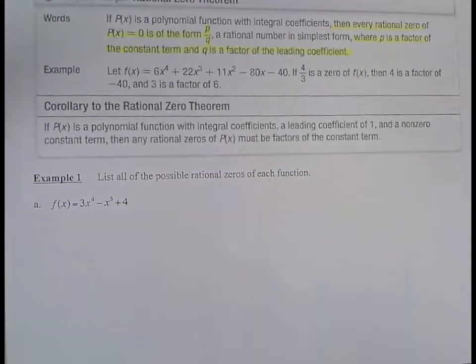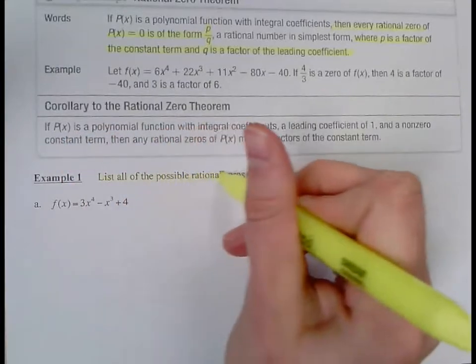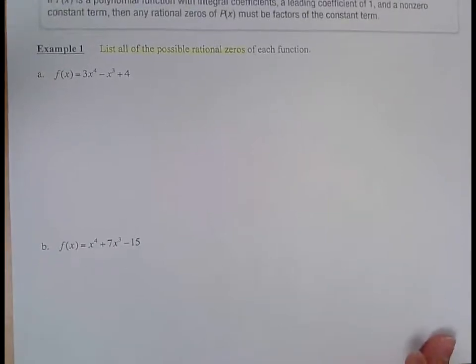It says list all of the possible rational zeros. Just making a note: when the directions say this, you're not actually finding all of the zeros, you're just listing the possible rational zeros. And for part A, f of x is 3x to the fourth minus x cubed plus 4.